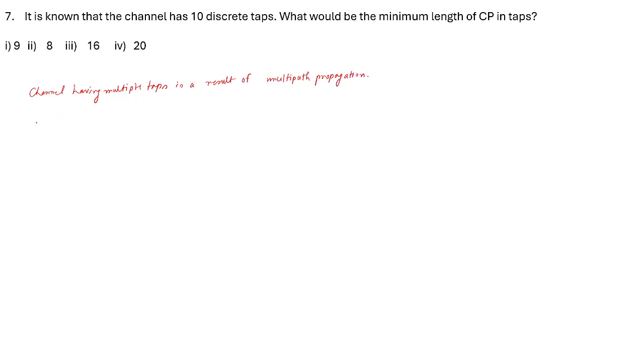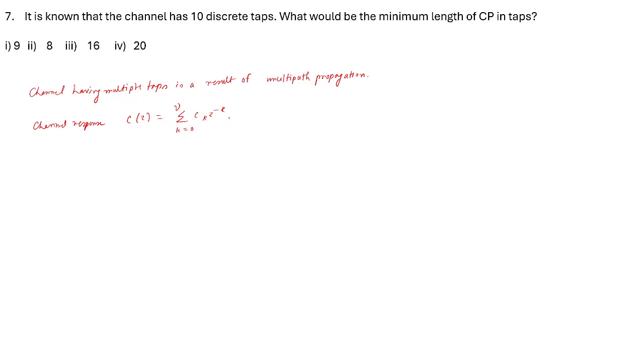If you write the channel response in frequency, that is the Z transform of the channel, C(z), you'll see nothing but the sum of Ck z to the power minus k, where k varies from 0 to gamma.